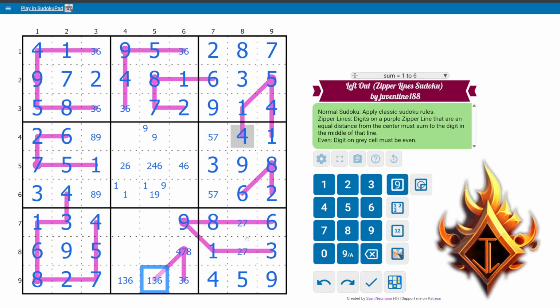But these are 1, 3, 6 only. So this cannot be 8. It can be 6, 1 or 3, 1. Either way around, that is 1. Okay. That becomes 1 now.